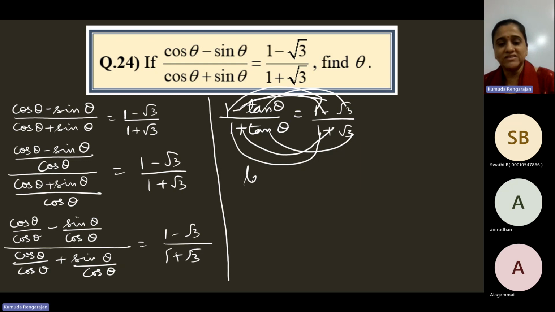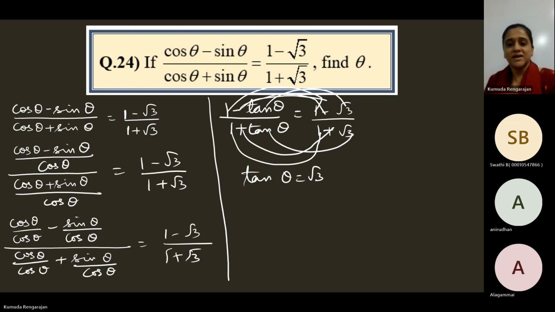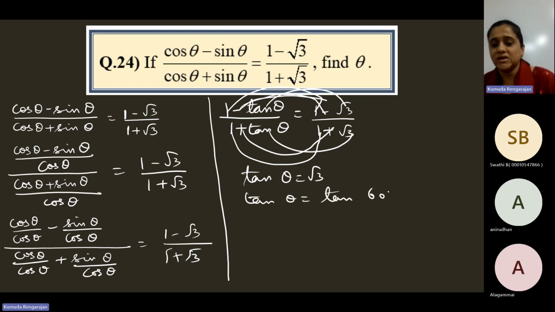On comparing both the sides, tan theta is equal to root 3. That is, in the LHS we have tan theta, in that place in the RHS we have root 3. So on comparing both the sides, tan theta is equal to root 3. So when is tan theta root 3? Tan 60 degrees. So theta is equal to 60 degrees.